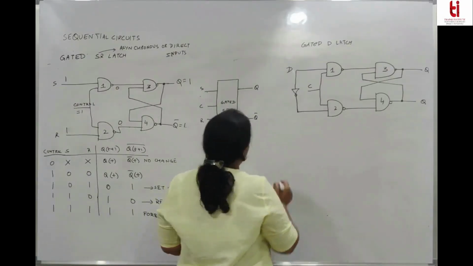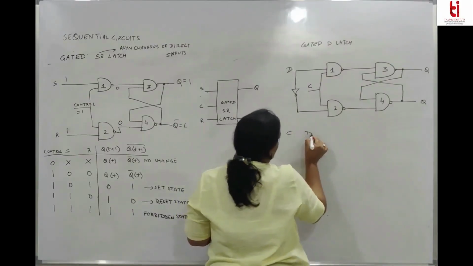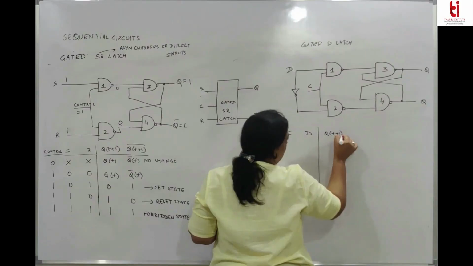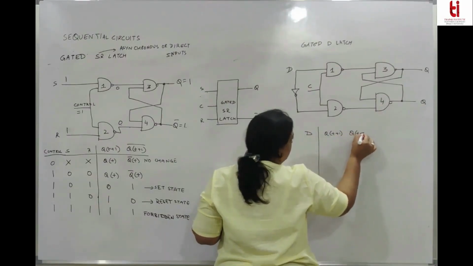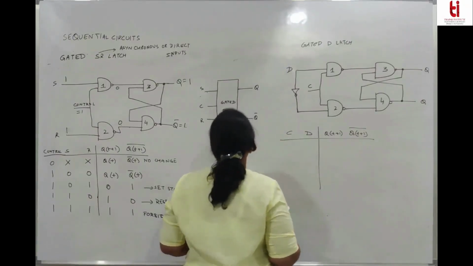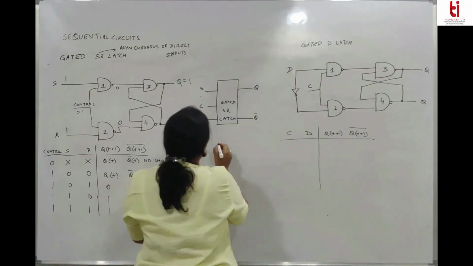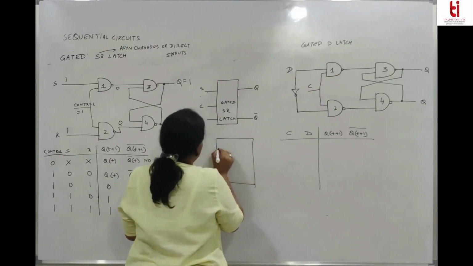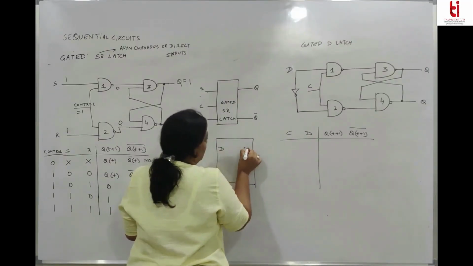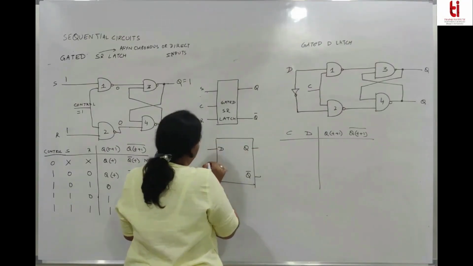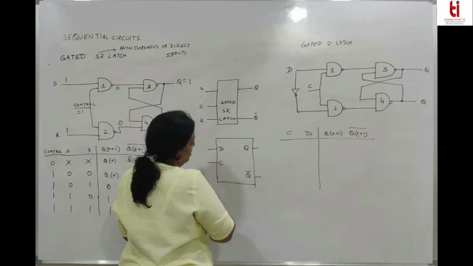So here we have a gated D latch, we have a control signal, we have output Q, the next state output Q, and its next state output Q bar. If we draw the symbol of a gated D latch, it is D and we have a control signal.